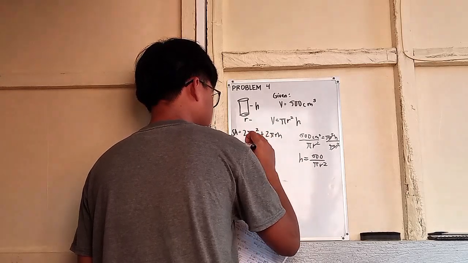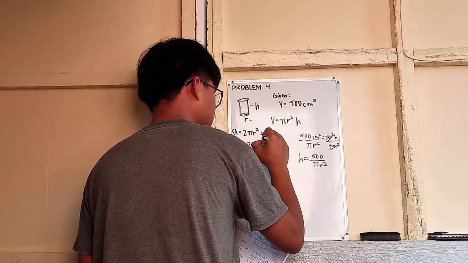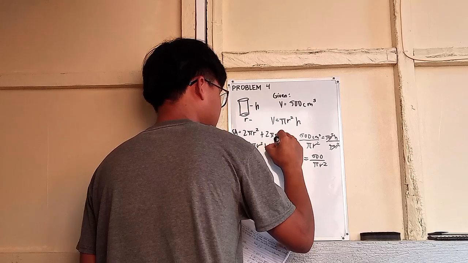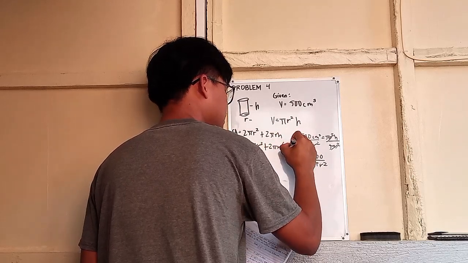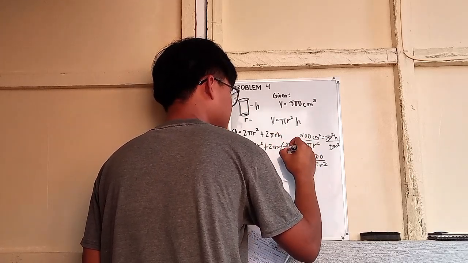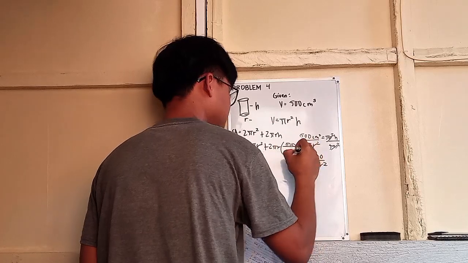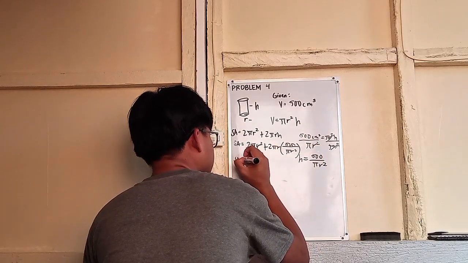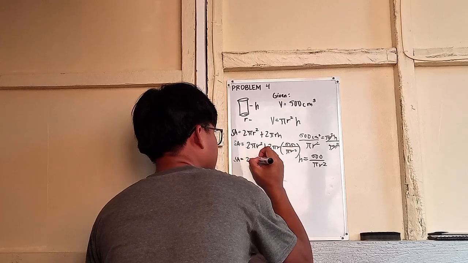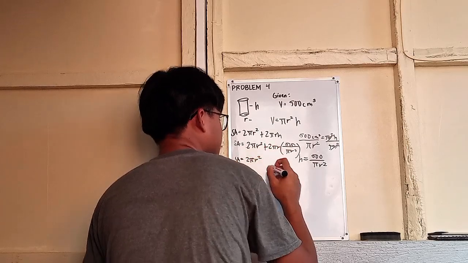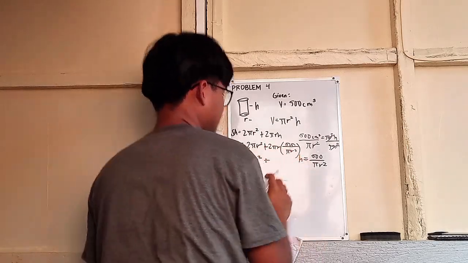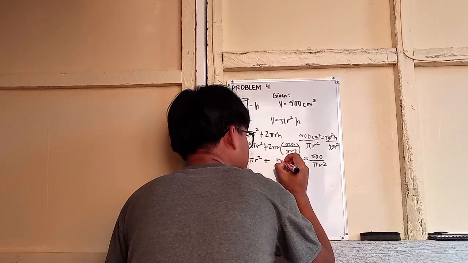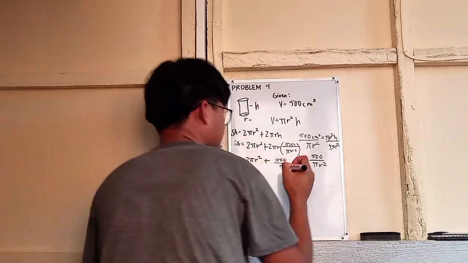So, 2 pi r squared plus 2 pi r times 500 over pi r squared, plus 1000 over r.